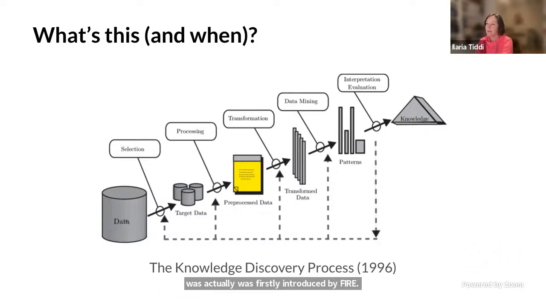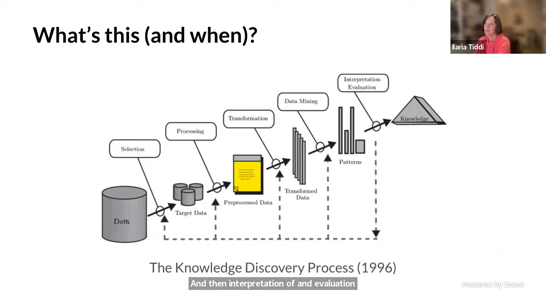It used to be described as all the steps that scientists need to take in order to go from data into knowledge, and these steps were mostly selection of the data, processing of the data, transformation, data mining, which was what came before the current machine learning and deep learning methods, and then interpretation and evaluation of the patterns.